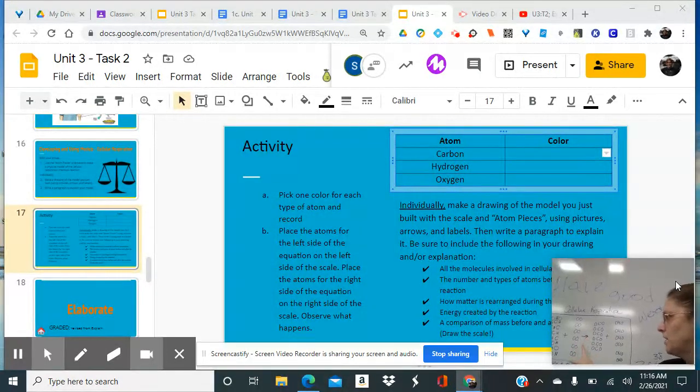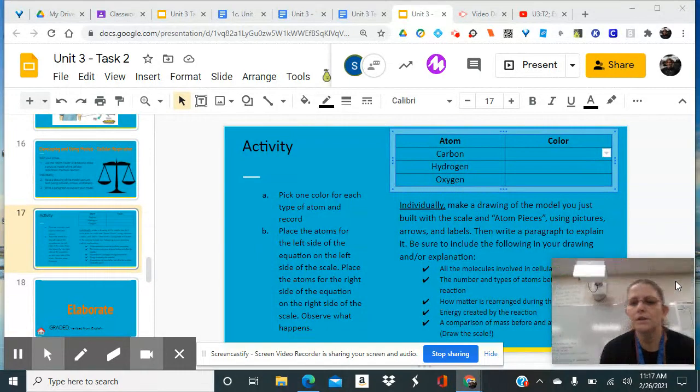And then they rearrange themselves. So now my C's are with the O's and my H's are with the O's. So I can see visually, and you're going to use colors and shapes, I can see visually that they've rearranged themselves. And so I can talk about that in my model, in my explanation. Okay?